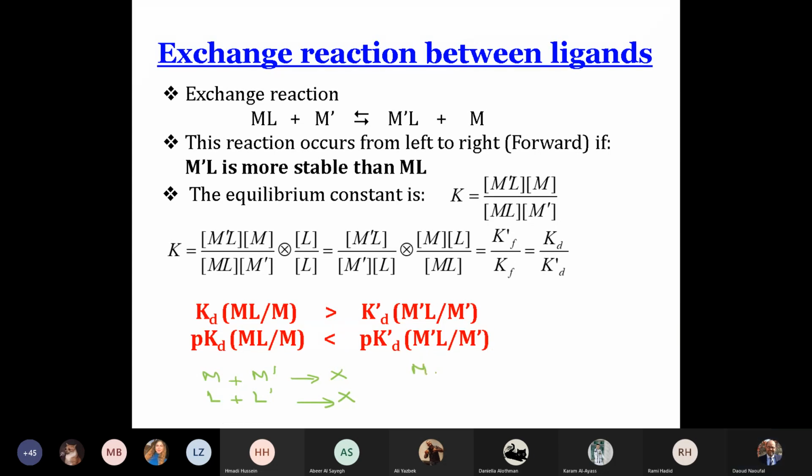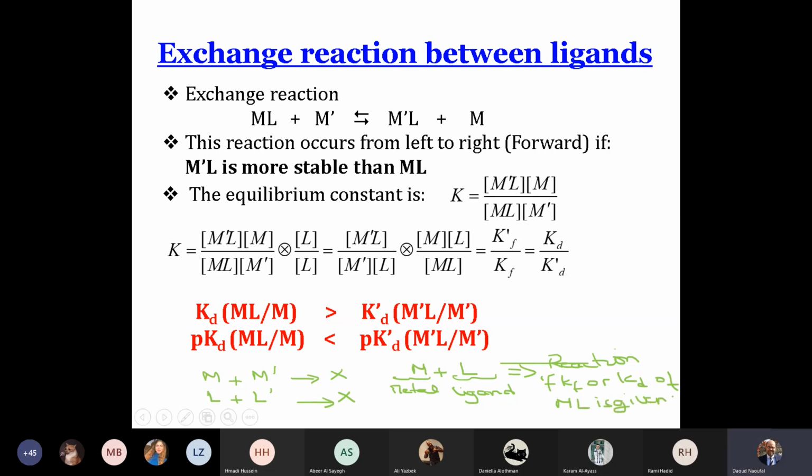M plus L, metal plus ligand, implies reaction if Kf or Kd of ML is given. That means you have formation of complex.